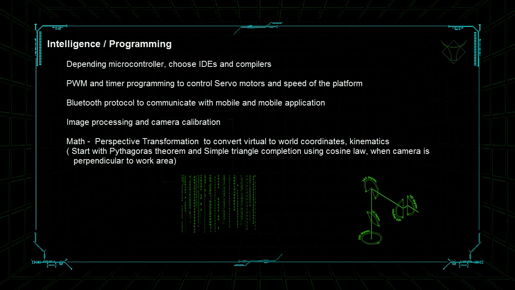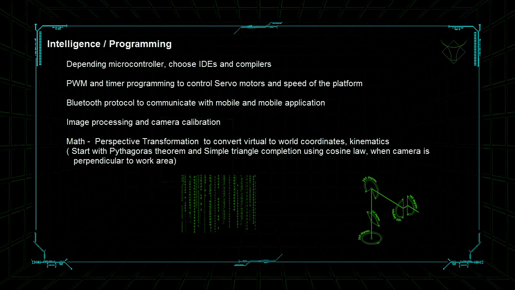Coming to the programming part, this is where you write all the code for your robot to work according to your desire. Till now, with the knowledge of mechanical and electronics, you have created a dumb robot which is sitting without knowing what to do.